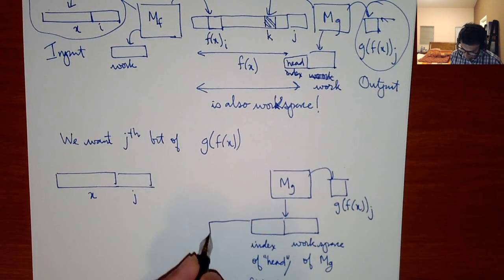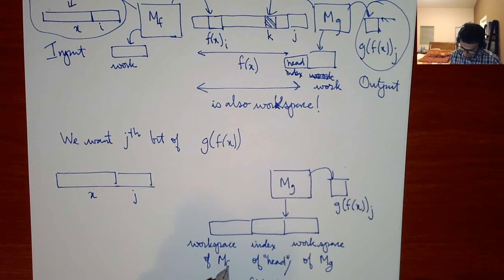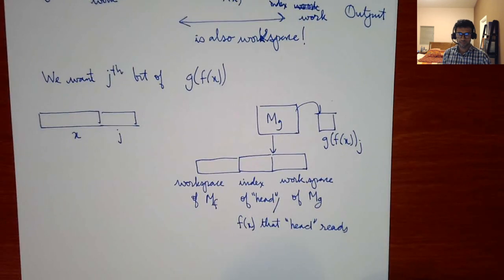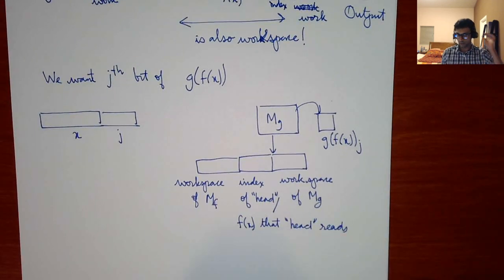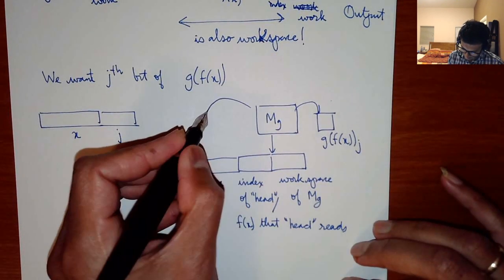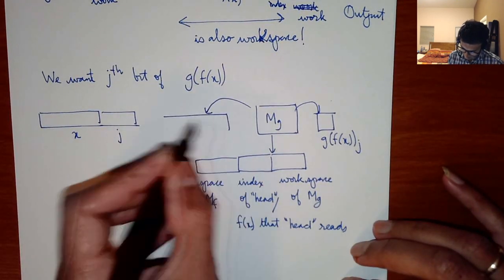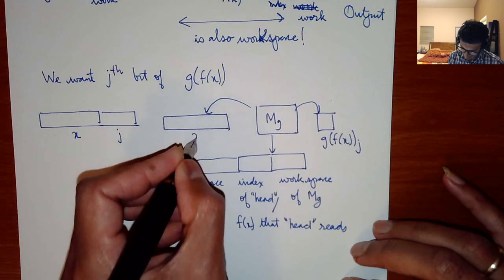And then the third workspace is going to be the workspace of mf. This is the workspace that it's going to have. And its input is of course just x.